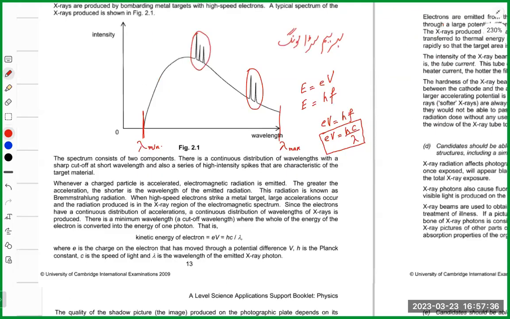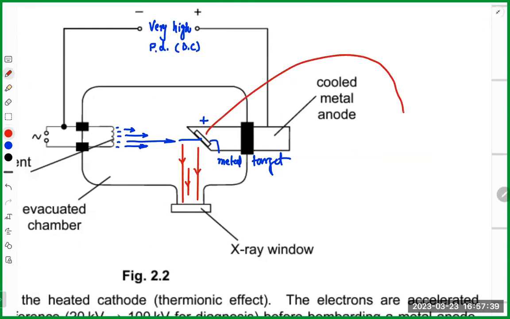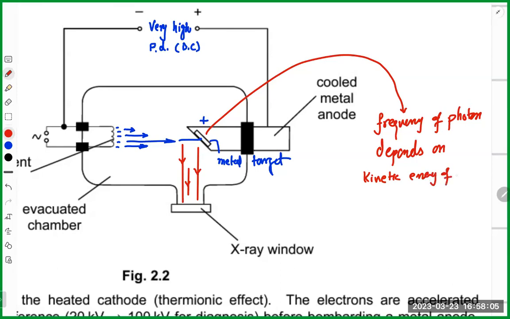Remember, the frequency of the photon depends on the kinetic energy of the electron, which depends on the potential difference between cathode and anode.